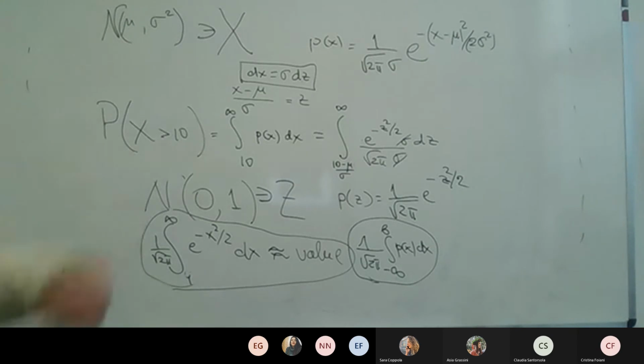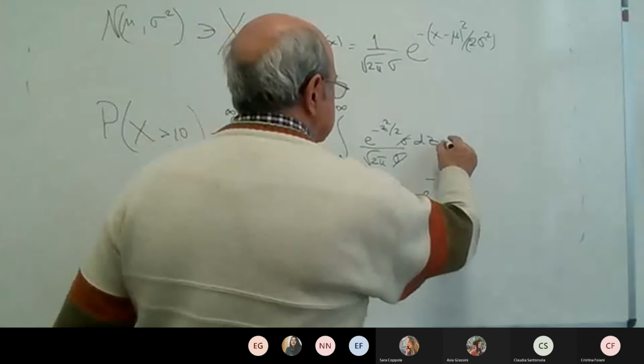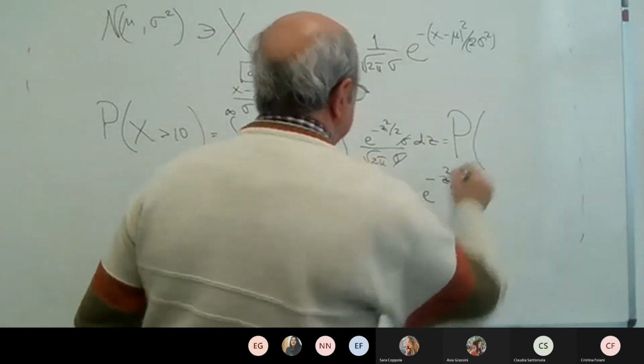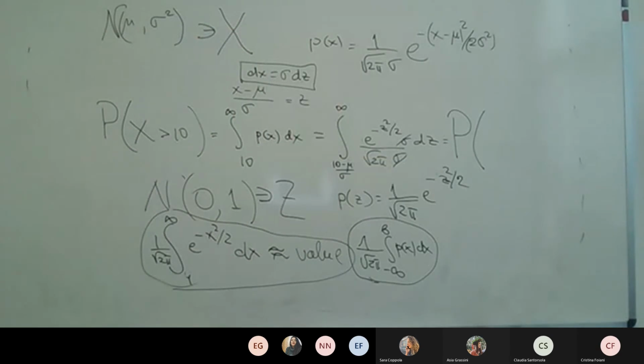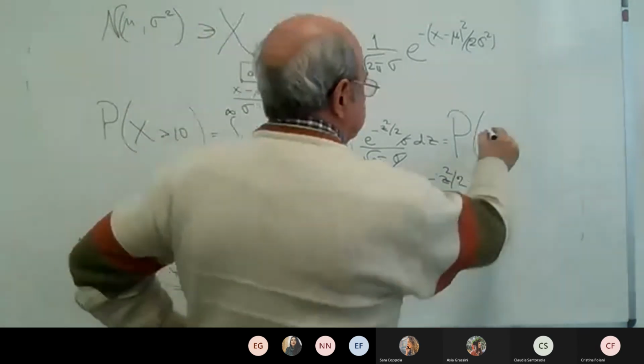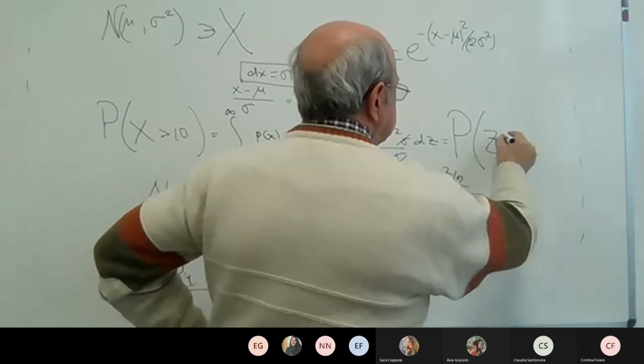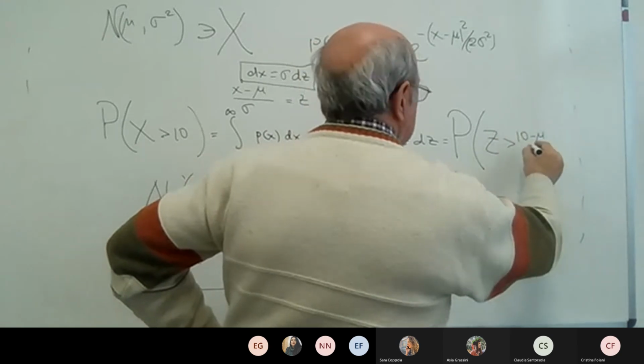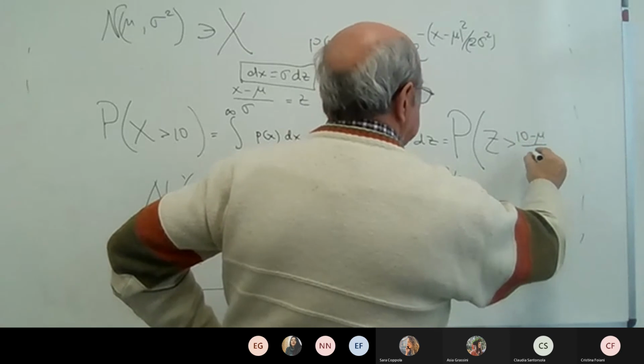Then I can write that this is the probability that zeta is bigger than (10 minus mu) over sigma.